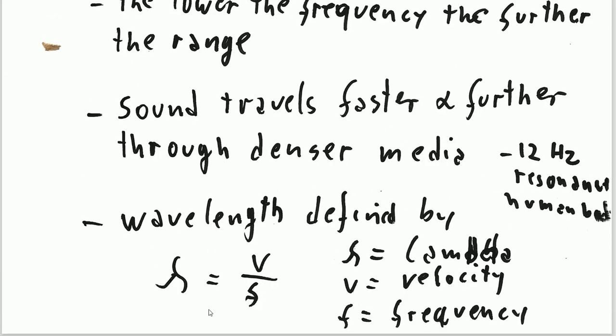Anyway, wavelength is defined by lambda, that's the Greek letter lambda, and then we've got V for velocity and F for frequency. So velocity is the speed of the sound traveling through the media, and when we've got air, the denser it is, the faster it travels.